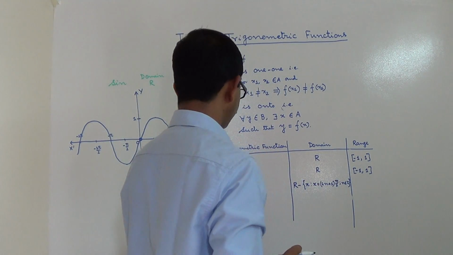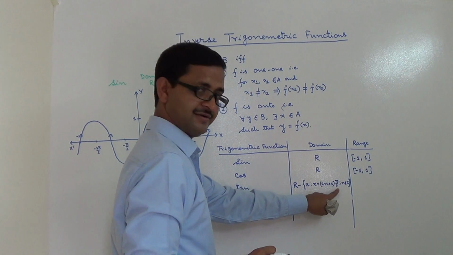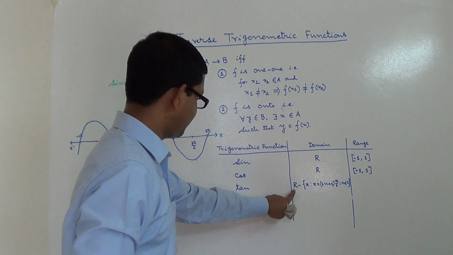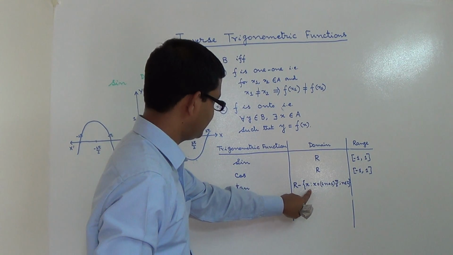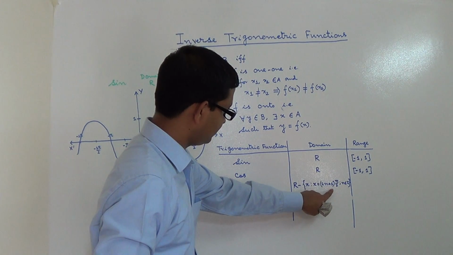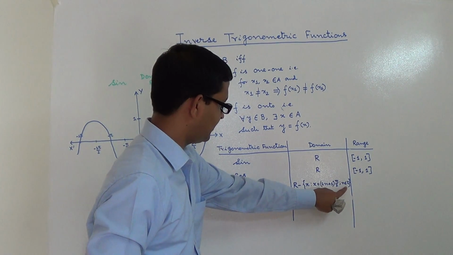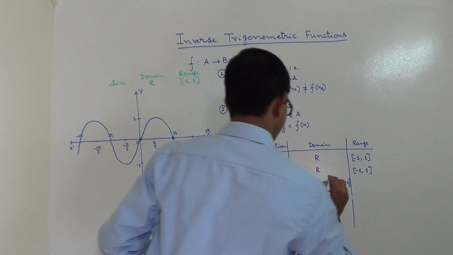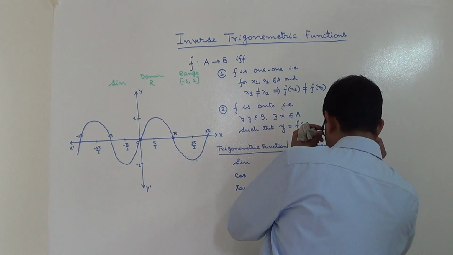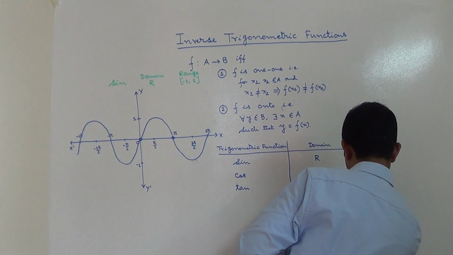That is the domain of the function tan, right? That is the set of real numbers minus the values of these angles, which are multiples of (2n plus 1) pi by 2, where n belongs to Z. And the range of this function tan is the set of real numbers.